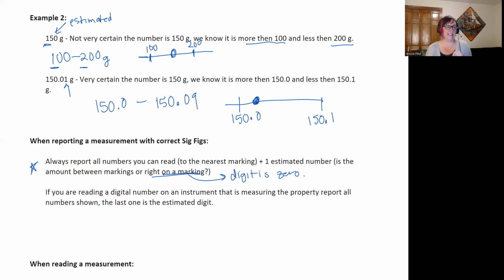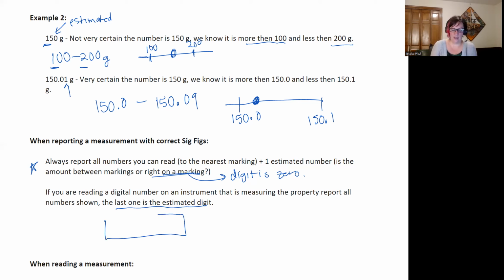If it's right on the mark, then your digit that you're estimating is 0. Now, if you're reading a digital device, let's say it's giving you a digital readout for mass or for volume or something like that, then you are going to report all of the numbers that you see in the digital readout. And the last one is estimated. So the device is going to do the estimation for you rather than the viewer of the measurement doing the estimation.